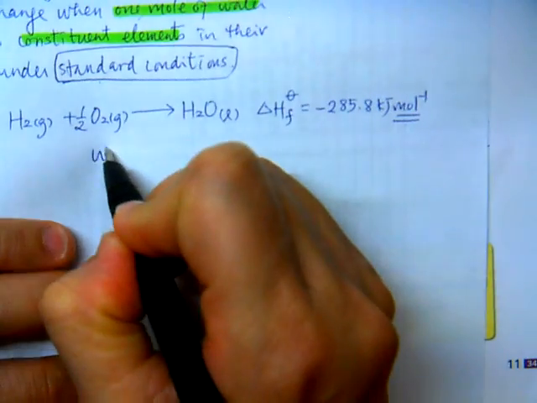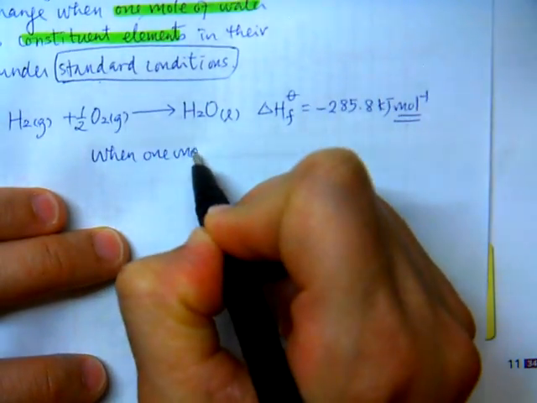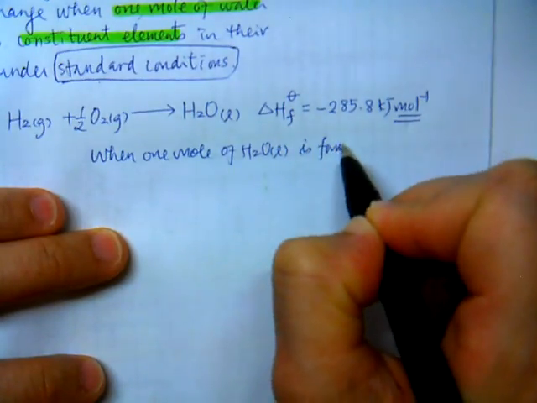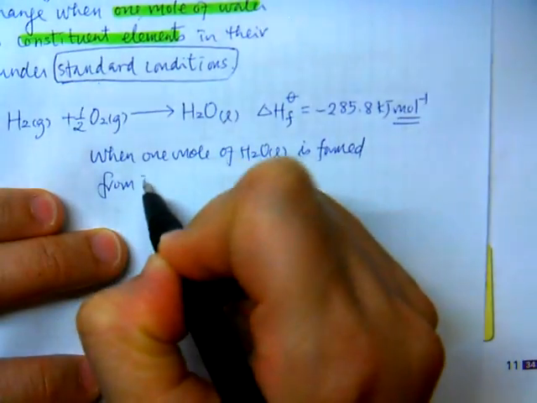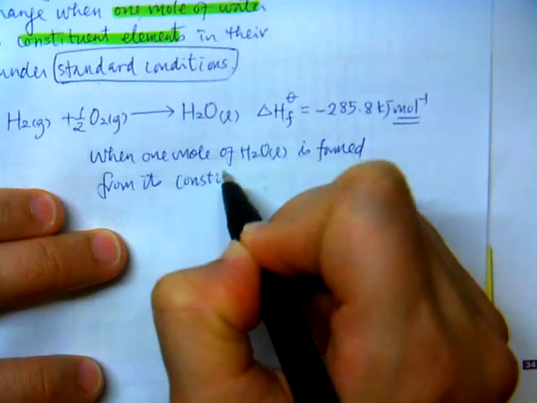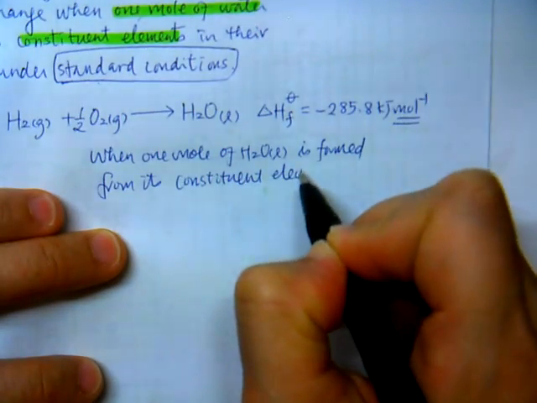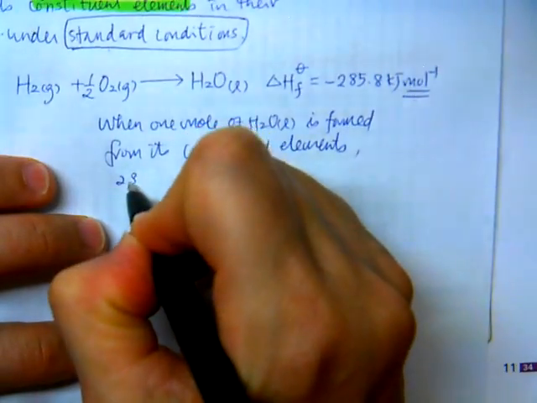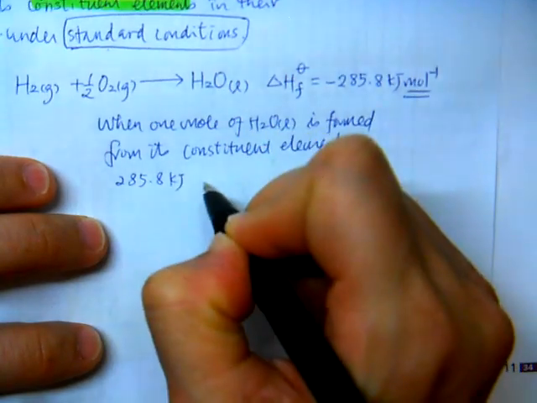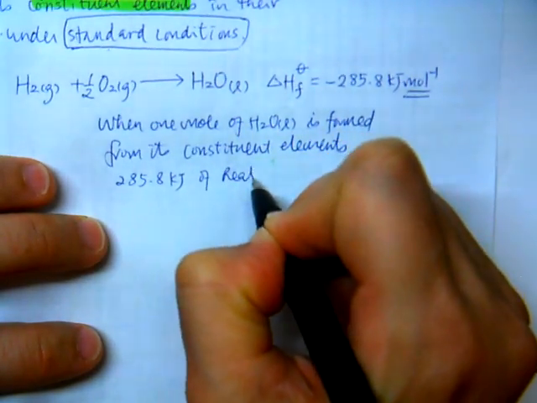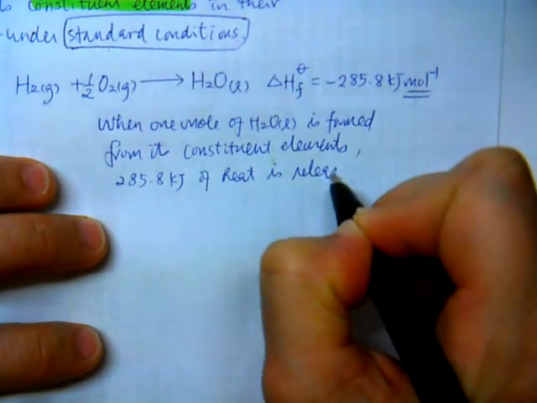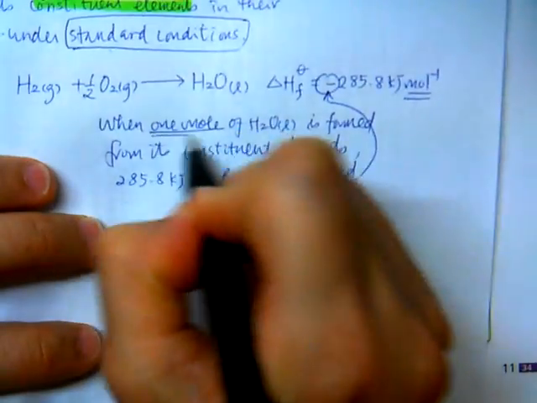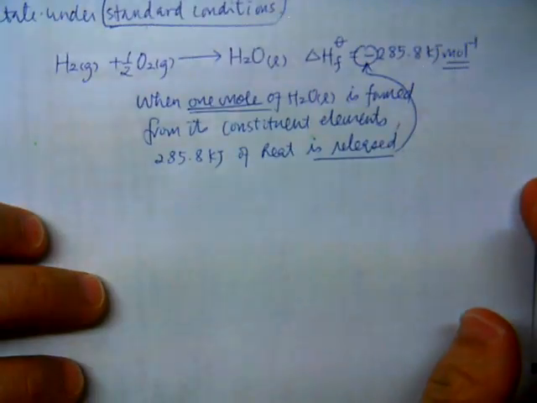That means when 1 mole of water is formed from its constituent elements, 285.8 kilojoule of heat is released because of the negative sign. Understand? When 1 mole of water is formed from its constituent elements.